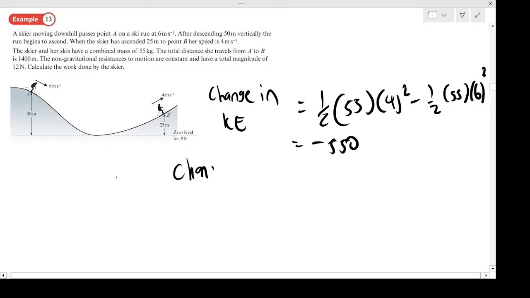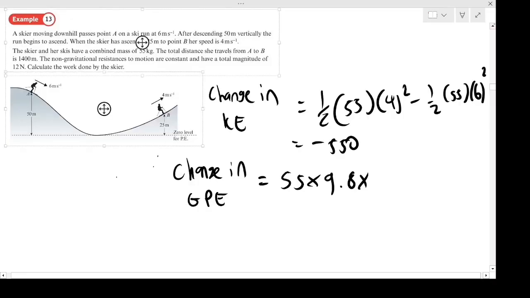Then we calculate the change in GPE. So that's going to be mass, which is 55, times g, which is 9.8, times the height. Well, we can do the final GPE. At point B, she's only 25 meters above ground.